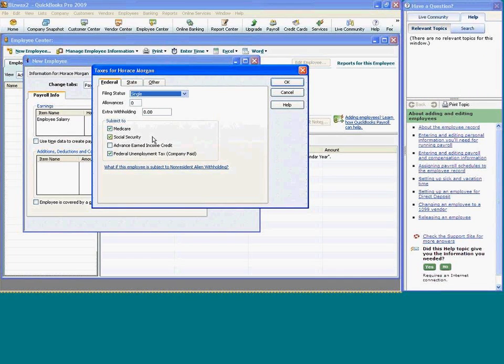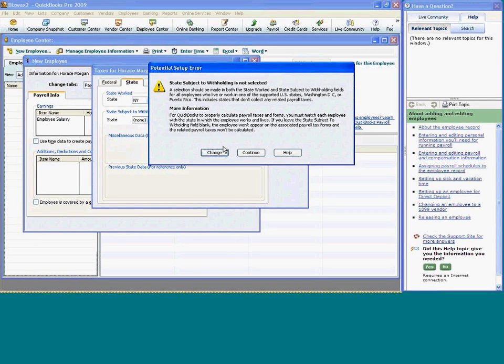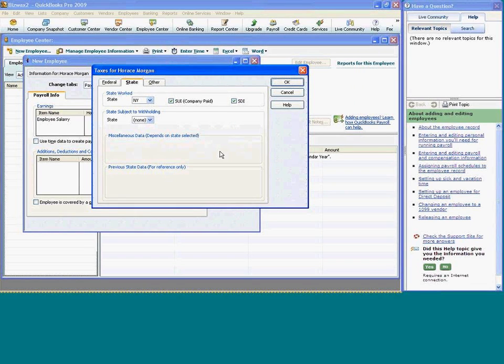And so we say that this person is single. He pays Medicare and Social Security. Federal unemployment tax, the company pays that. And now that's federal. New York. Say goes to withholding. We have the withholding.